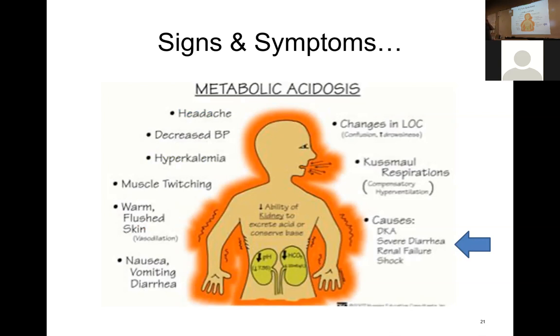In this case, it's too high. Since potassium's involved, muscle contraction is involved, and that causes the muscle twitching. That warm, flushed skin, nausea, vomiting, diarrhea. Changes in your LOC, that just means some confusion. Anytime you get too imbalanced, it can cause some confusion.